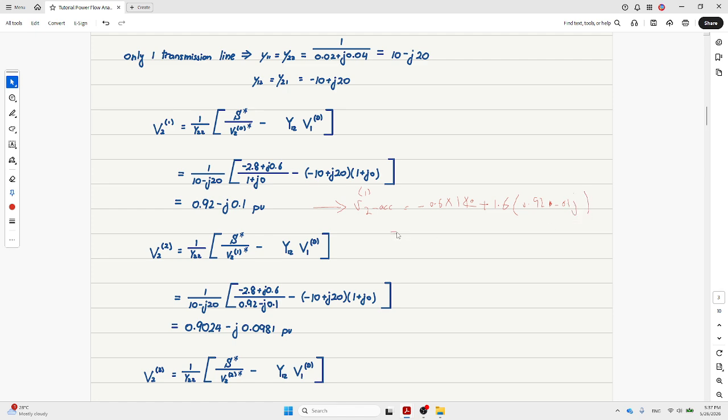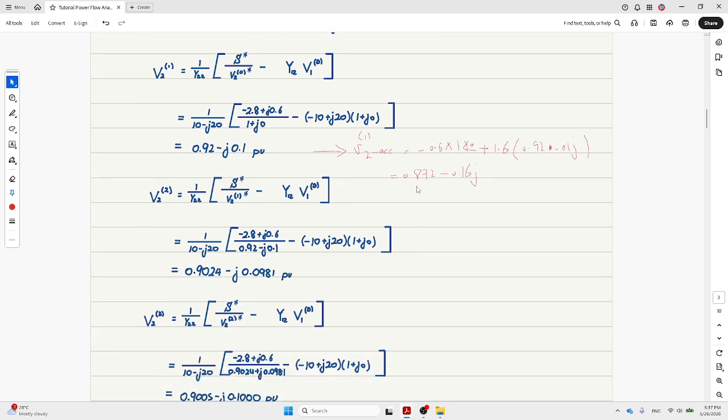So this value after calculation is equal to 0.872 minus 0.16j. So the new value must replace it here.